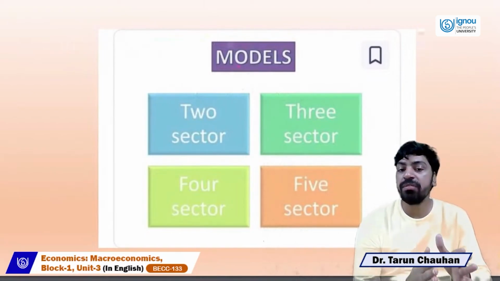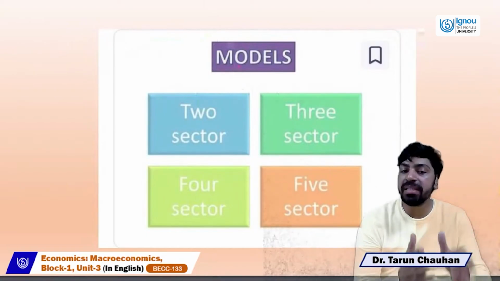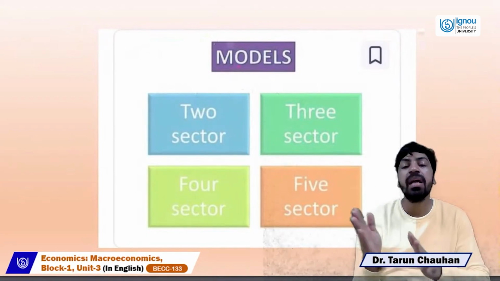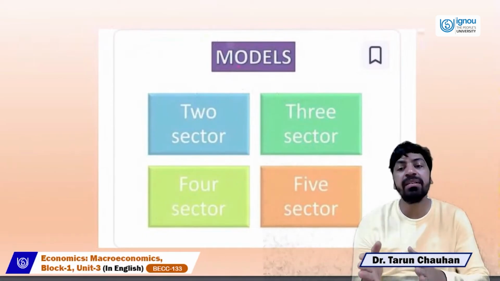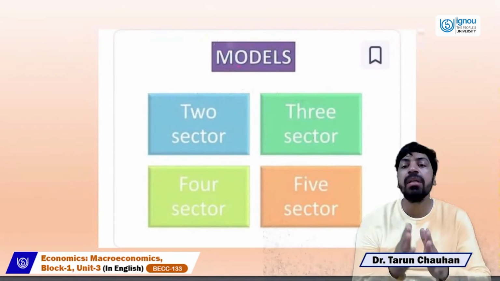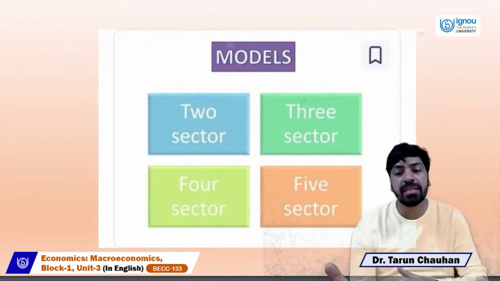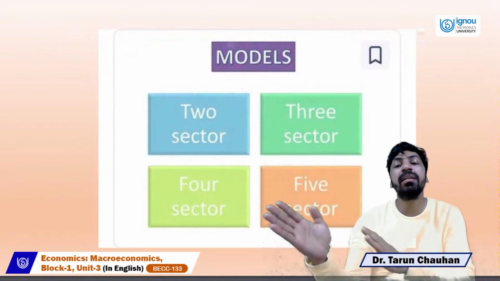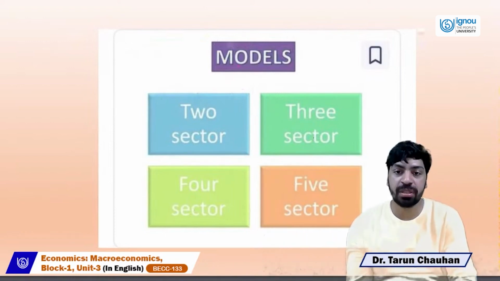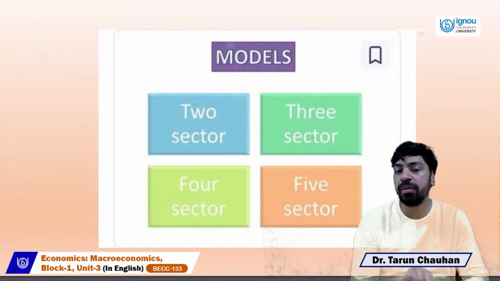When we talk about the fourth sector, we are talking about the household, businesses, government, and exports. In the five sector, we are talking about the household, government, businesses, even the exports and any other international transactions. So these are the main models of circular flow of income.